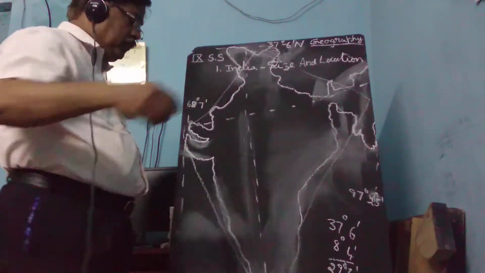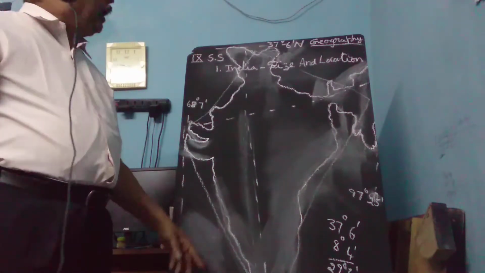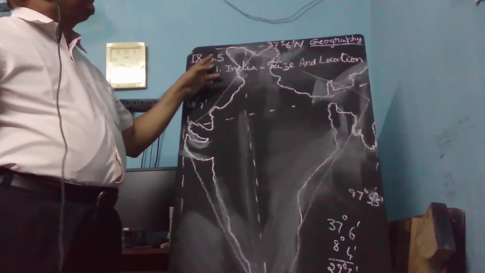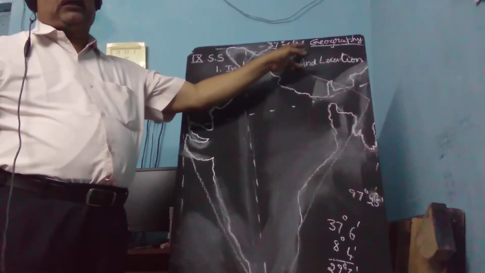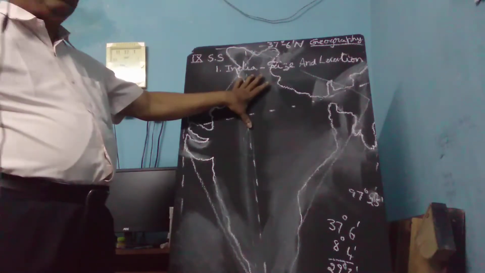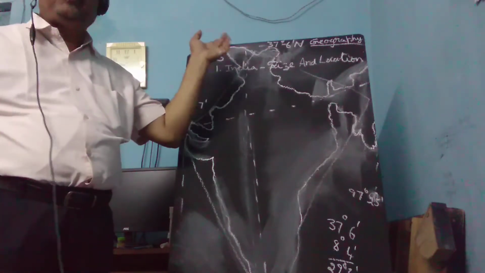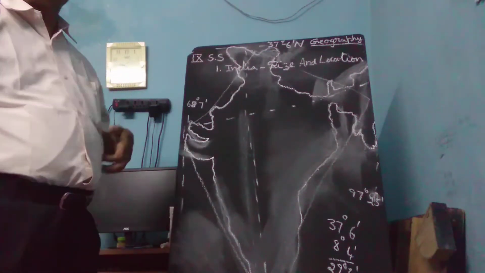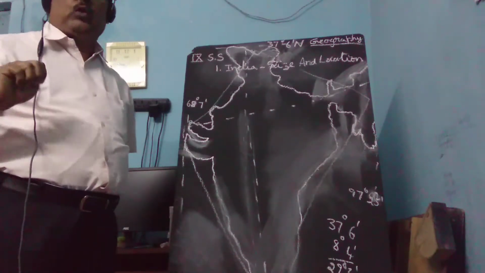And another latitude is 37 degrees 6 minutes north. In between these two latitudes, whole India is lying. Both latitudes are in the northern hemisphere only. So we can say India is located completely in the northern part of the globe.